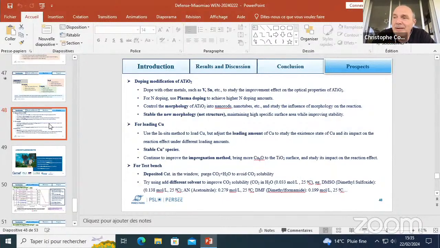Niobium, copper, and nitrogen. Yes. As I just mentioned, the original desire for designing this catalyst was to modify TiO2 and try to improve its light absorptivity.